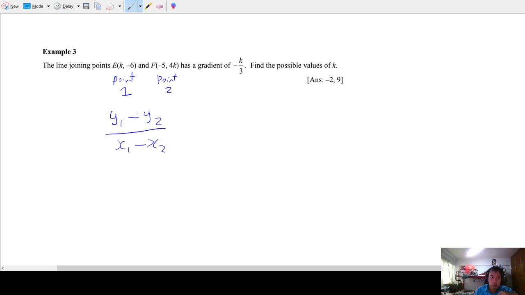Okay, right. So let's take a look at y1. So that's minus 6. So minus 6 minus 4k, right? Because it's minus 6 minus 4k over x1, which is k, minus 5.